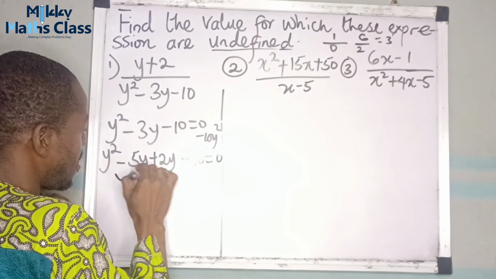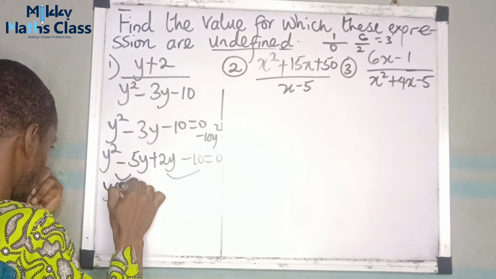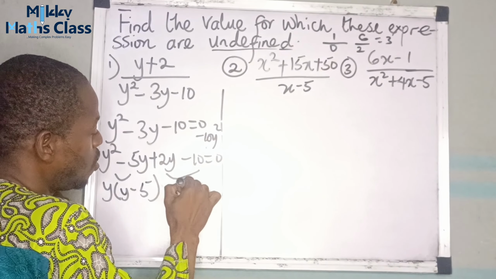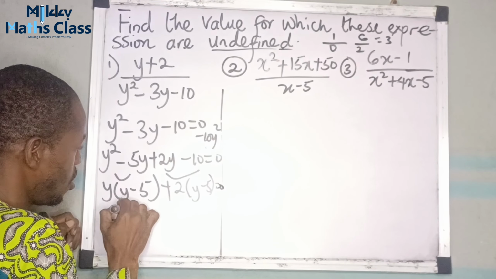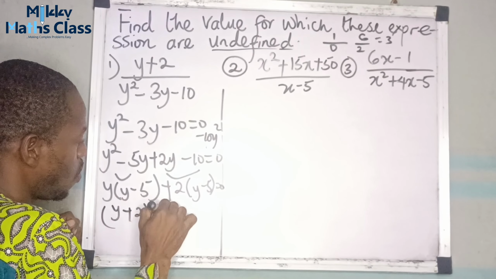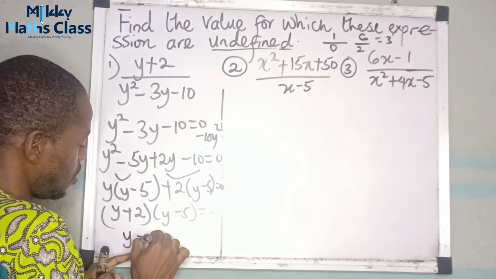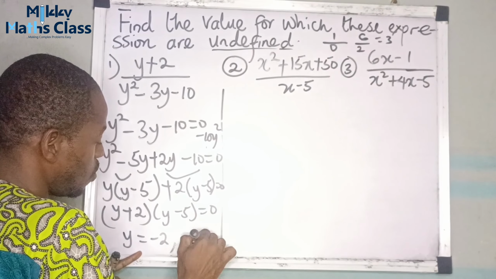Factorize by grouping. What's common here? y into brackets: y minus 5, plus, what's common here? 2. 2 into bracket y minus 5 equals 0. So we have (y + 2)(y - 5) equals 0. Therefore y equals negative 2 and y equals 5.